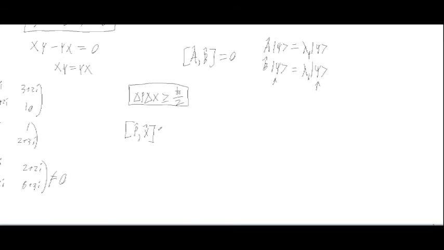And what this is, so if then we have to multiply it by our eigenvector here, and that is going to be equal to the momentum operator multiplied by the position operator minus the position operator multiplied by the momentum operator, operating on our eigenvector here.